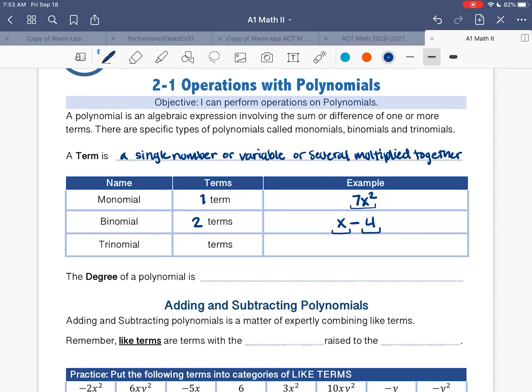So what separates terms is adding or subtracting. Everything multiplied together becomes a single term, but adding and subtracting separates them. So a trinomial, as you might have guessed, has 3 terms and can look something like 5x squared plus 3x plus 2. Notice that we have 1, 2, 3 terms separated by adding in this case.